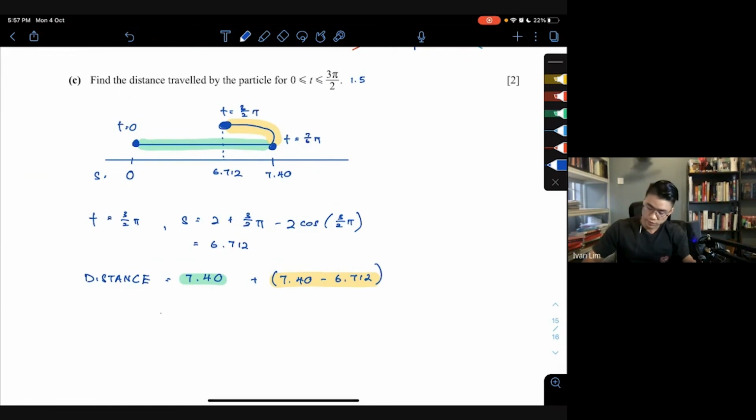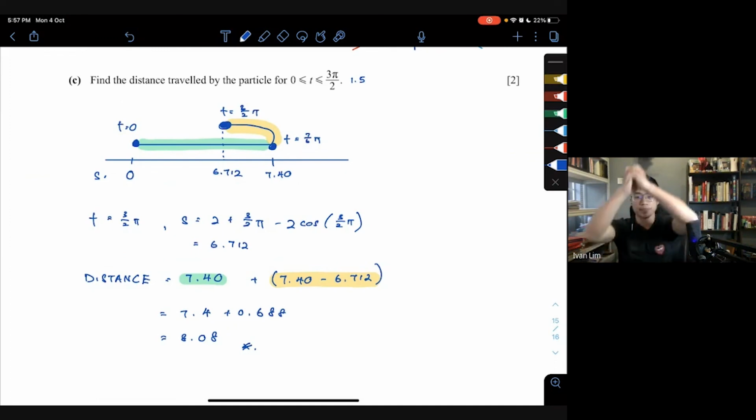And what will you get? 7.4 plus 0.688, you will get 8.08. Somehow the answer scheme used 7.3972, and you should get the same answer. 7.4 plus 0.688, 8.088. Okay, 8.088.